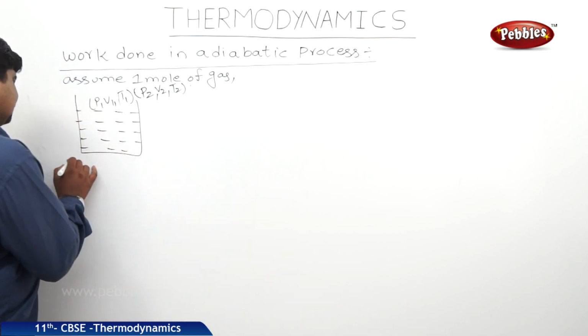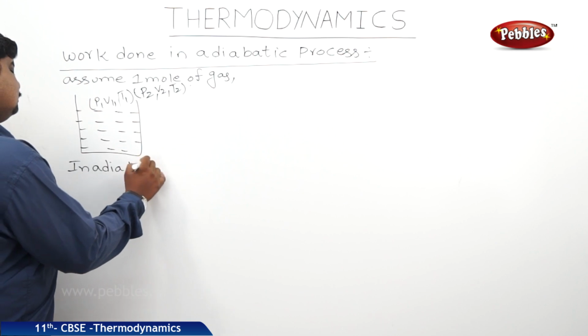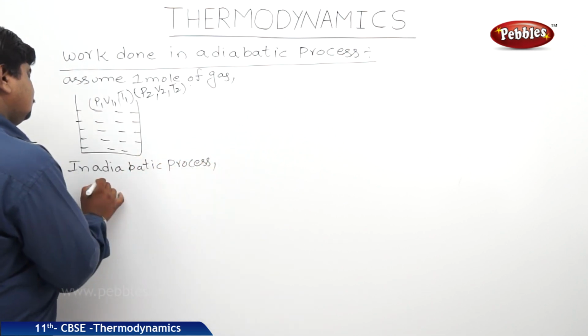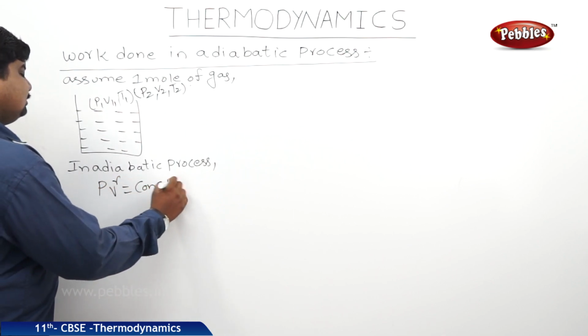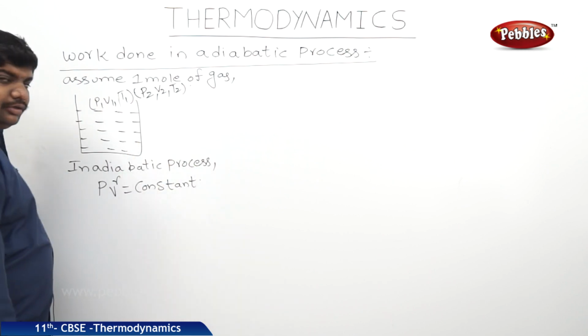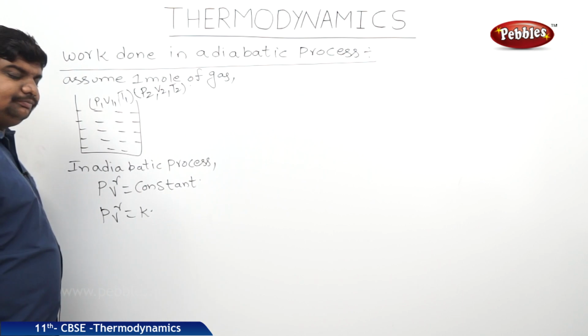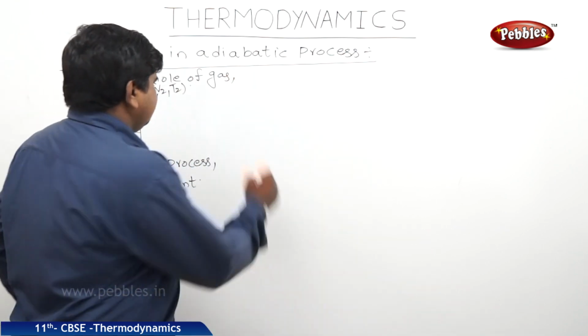In adiabatic process, there is a rule: P into V power gamma is equal to constant. We can say this as P V power gamma is equal to K. So what is the work done in this expansion?